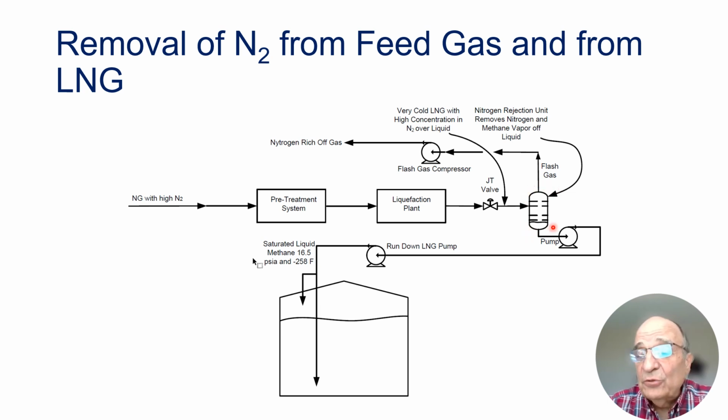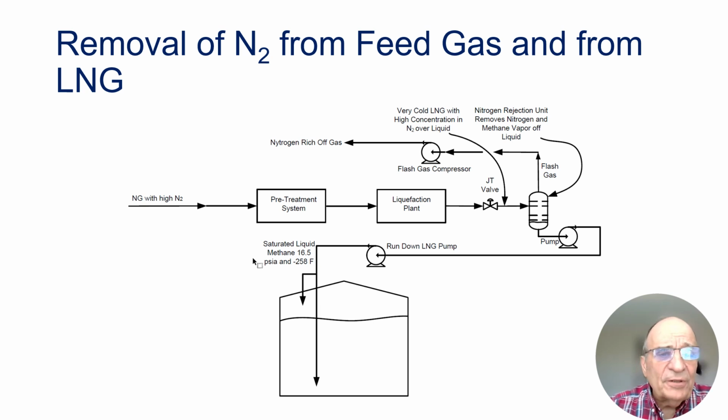NRU is nitrogen removal unit. Now, some nitrogen removal units are nothing more than a knockout drum where the flash goes out the top and you can remove the high nitrogen content. But some of them have to actually be a distillation column because you need reflux and boil up to occur within the distillation column to better separate the nitrogen from the LNG.